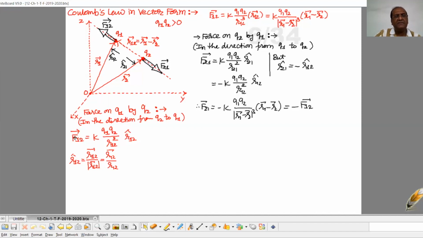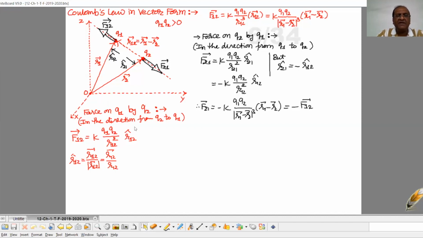Then we can write the vector force F12 equal to k q1 q2 upon r12 square into r12 caret, where the unit vector r12 caret is the vector upon its magnitude, that is, vector r12 upon its magnitude r12.